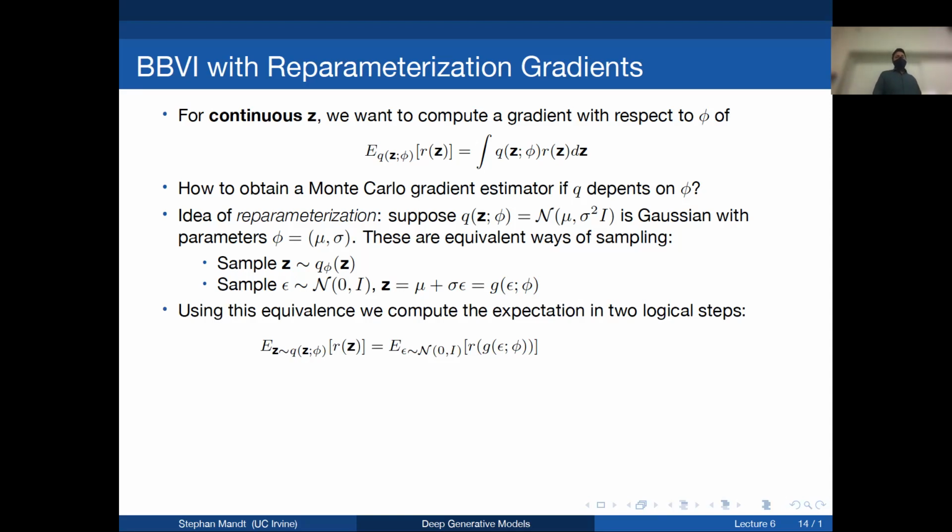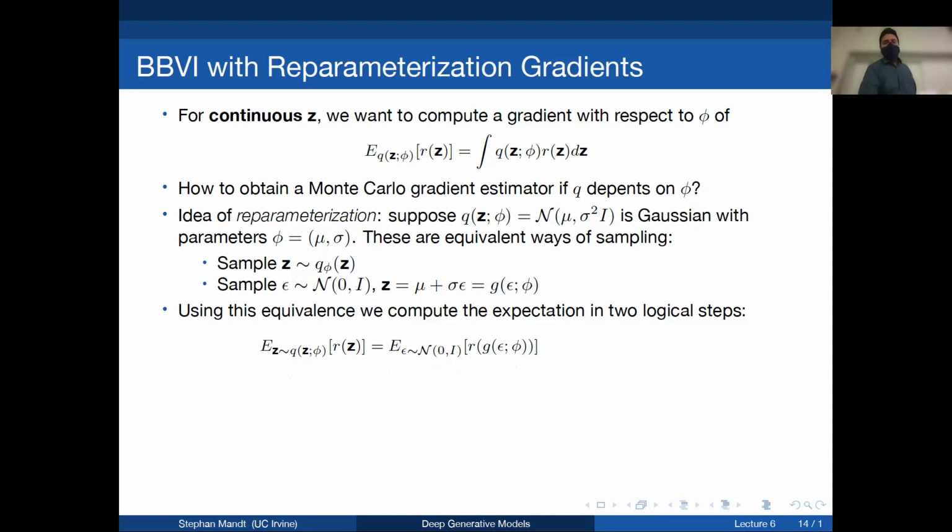So instead of integrating over the original Gaussian random variable, I now integrate over a standard normal distribution, and I'm just rescaling these samples according to g. So far, it's not clear how this is useful, but you'll understand that in a moment. Is everything clear so far?